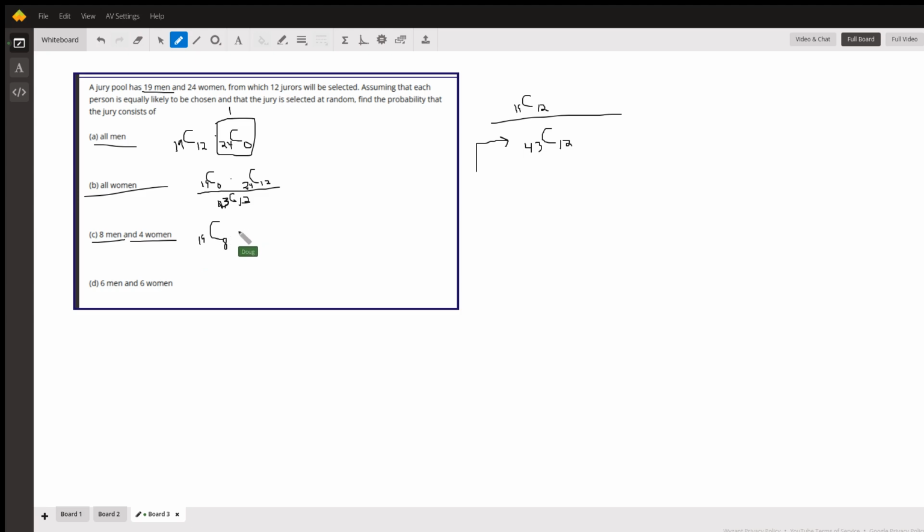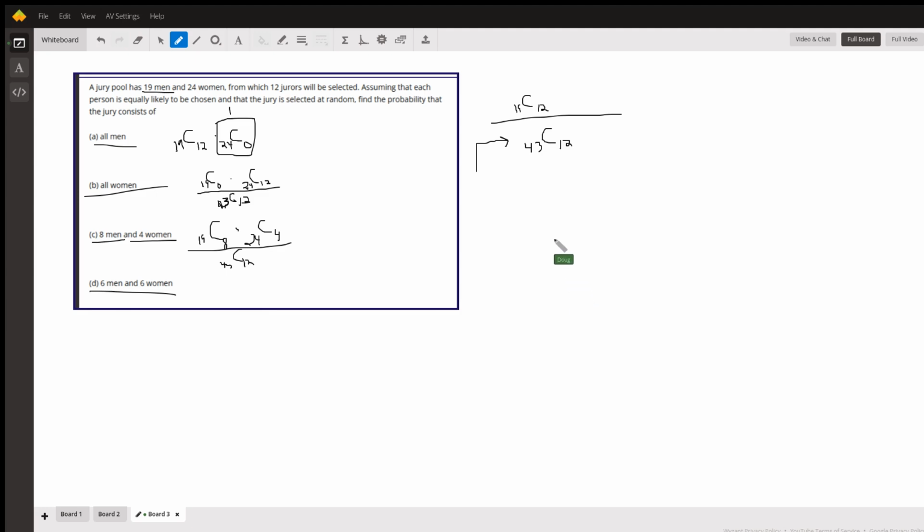And then you compare that, each of those combinations, with the combination of 24 women taken 4 at a time. In other words, the 4 and the 8 add up to 12. And you put that over a combination of 43 taken 12 at a time. That's your probability. And I'll let you figure that one out.